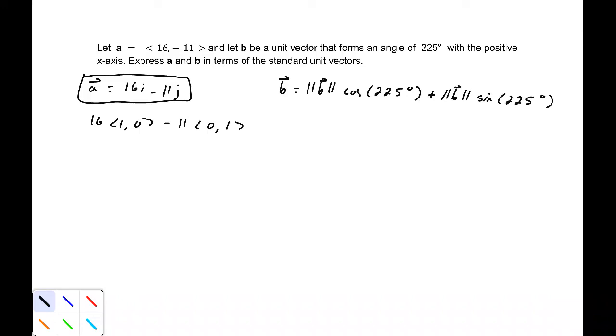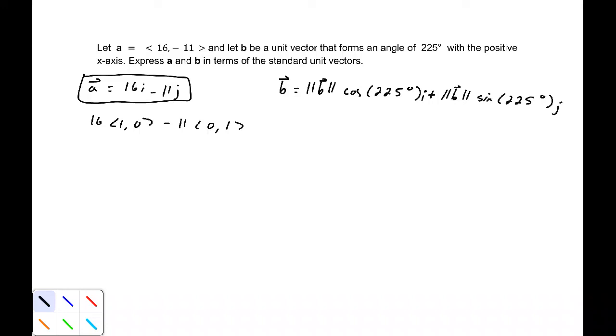Now I just need to add an i and a j in here, so let me read that off again. The magnitude of vector B times cosine 225 degrees, i, plus the magnitude of B times sine of 225 degrees, j. That would be it in standard unit vector notation.